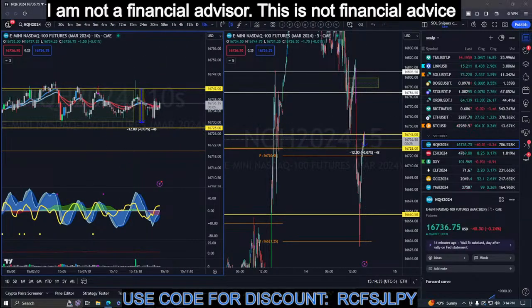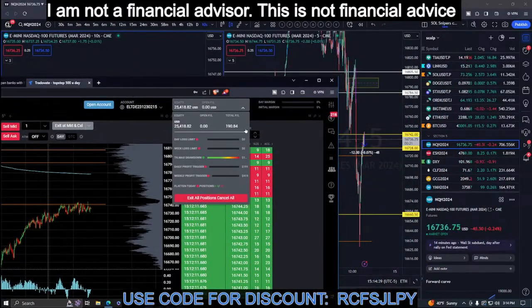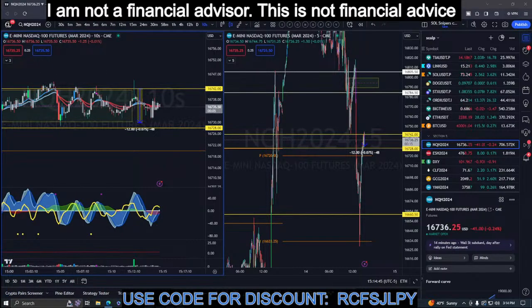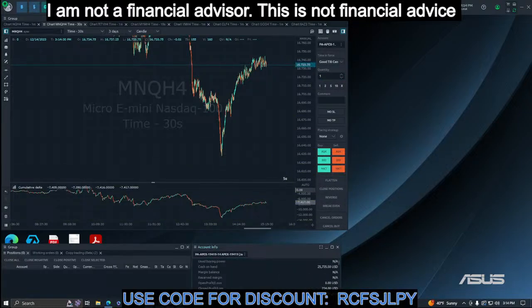So I made my money, just full transparency. I made my 190. This is a trade day account. Okay, so I made my money there for the day. And real quick, my Apex funded account, I made 234. Okay, so I don't need to keep posted up.